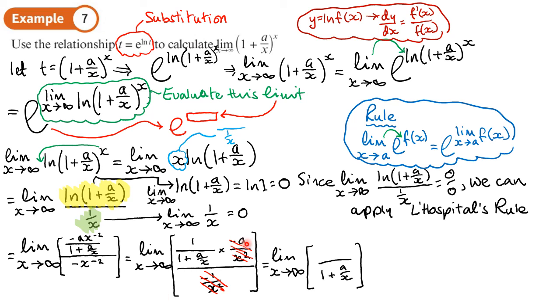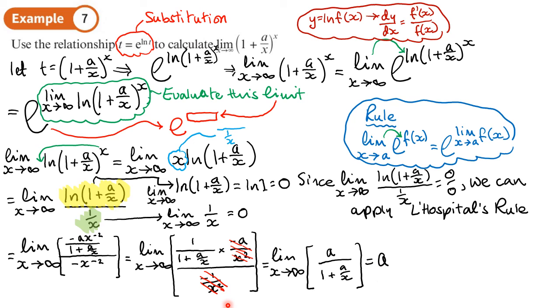I'd forgotten about that poor little a, so let's put that back. Now let's evaluate this limit. As x tends to infinity, a over x will become 0. So actually all this becomes is just a over 1. It just becomes a, because this will tend to 0 as x tends to infinity. So 1 plus 0 is 1, and a over 1 is just a.